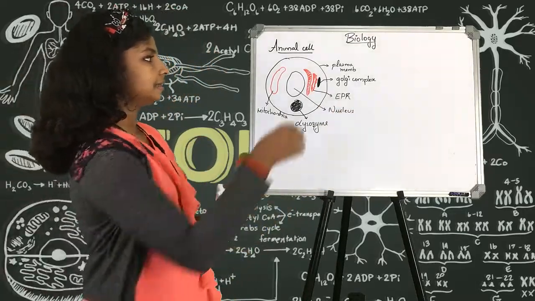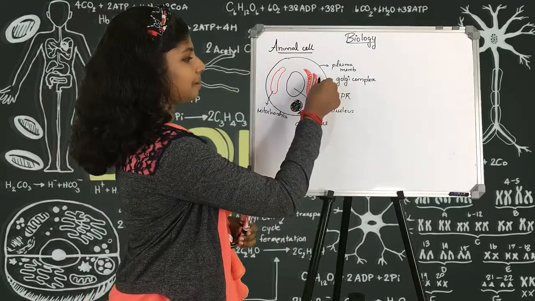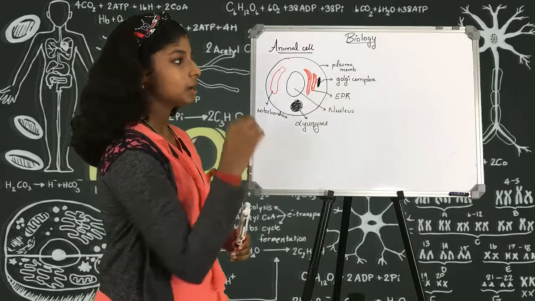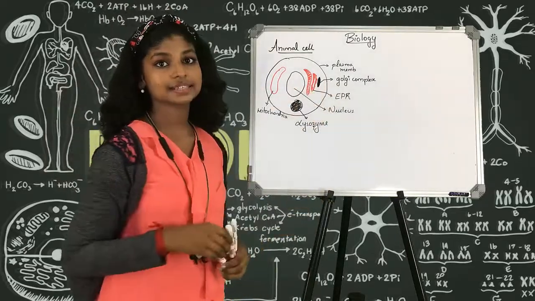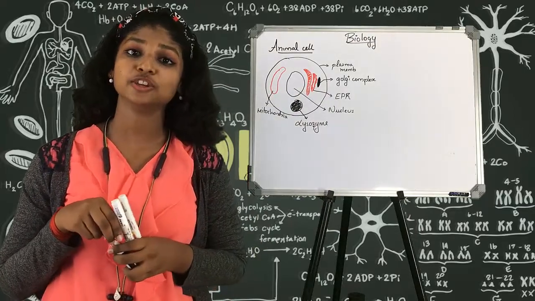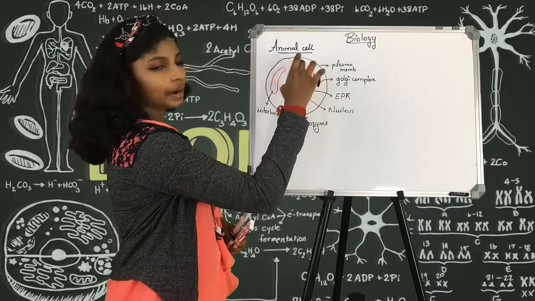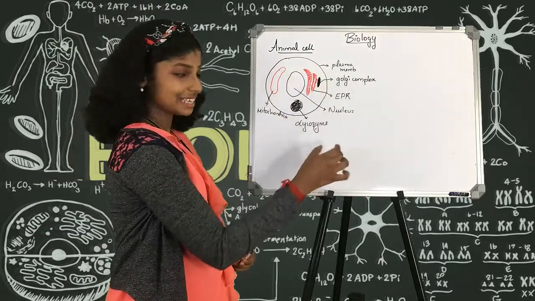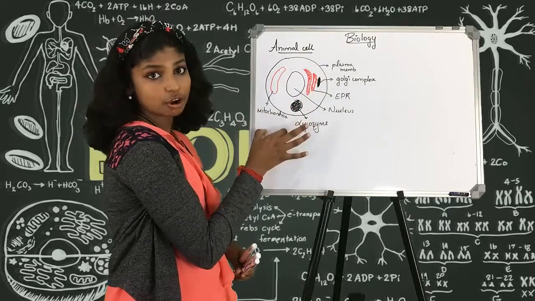Well, the outer covering is known as the plasma membrane. Then this black organelle is known as the Golgi complexes. Then these two organelles are known as the ER, that is the endoplasmic reticulum. And the middle one is known as the nucleus. And this is lysoenzyme. And this is mitochondria.